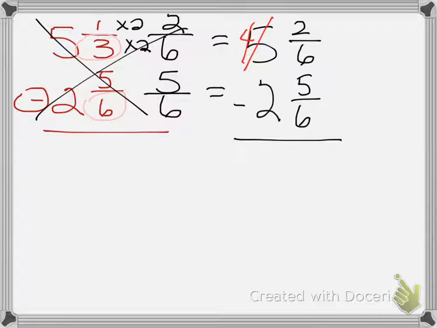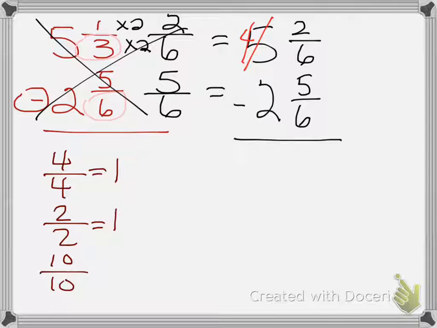For instance, let me get another color here. 4 over 4 is equal to 1. 2 over 2 equals 1. 10 over 10 is equal to 1. When you work with fractions, that's a really good thing because I'm in sixths and I want to boost this fraction up by borrowing 1.